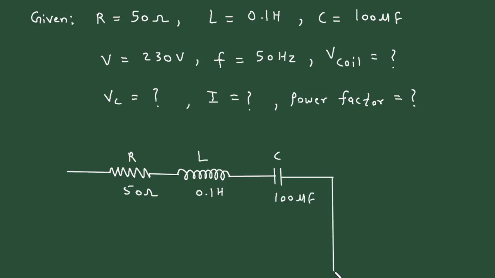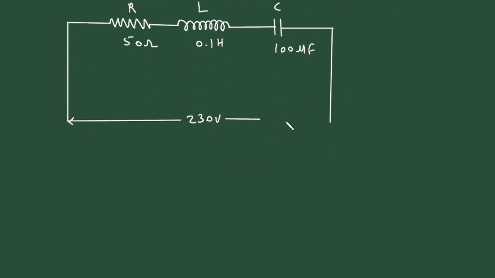Now it is connected to AC supply of 230 volt. So this voltage is 230 volt, and the frequency is 50 Hz. Now here voltage across capacitor will be VC.